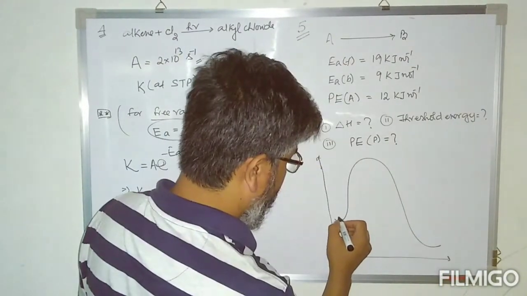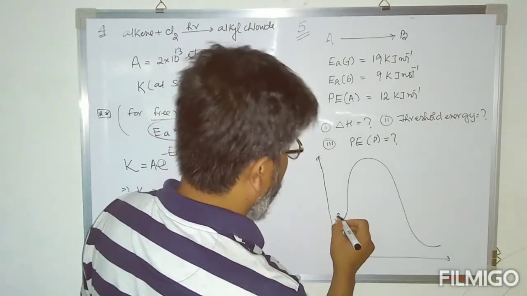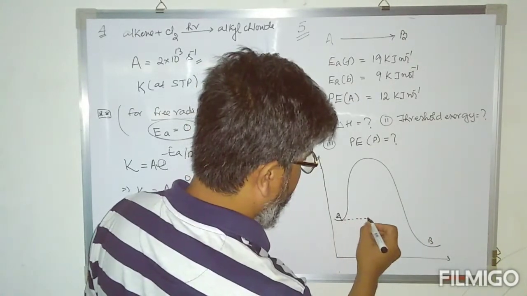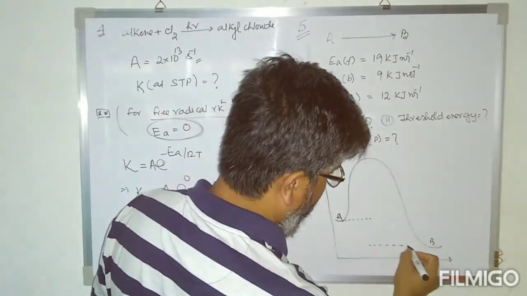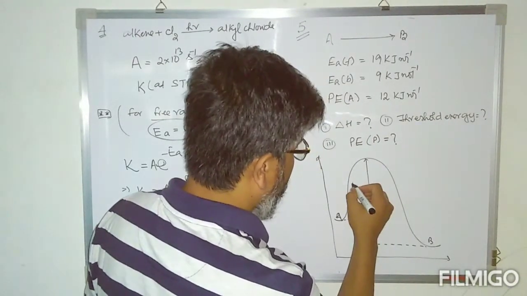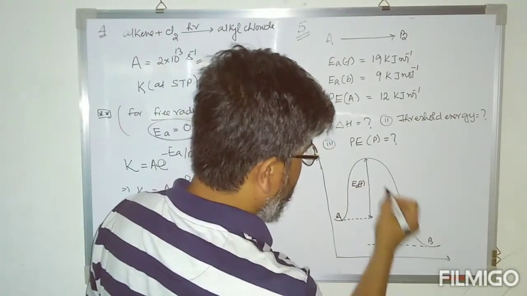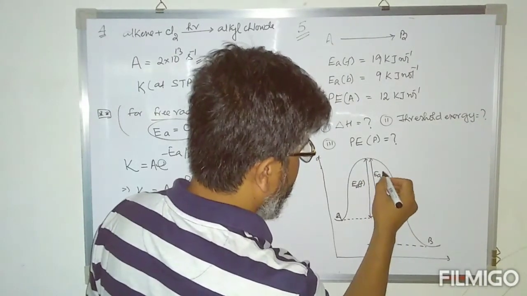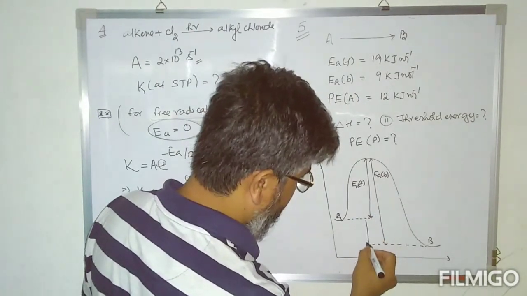Suppose this is the reactant A, this is product B. This is the activation energy of the forward reaction. This distance is the activation energy of the backward reaction.